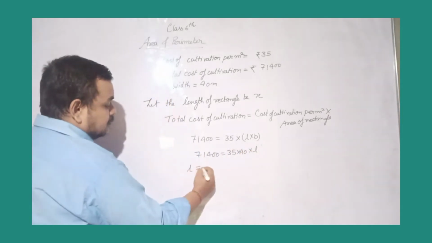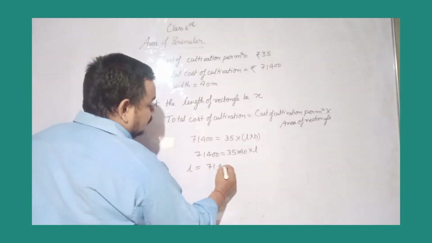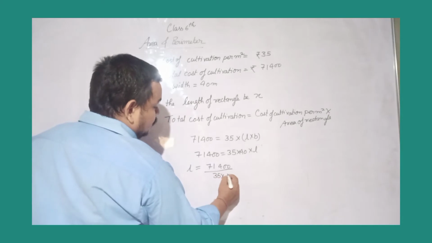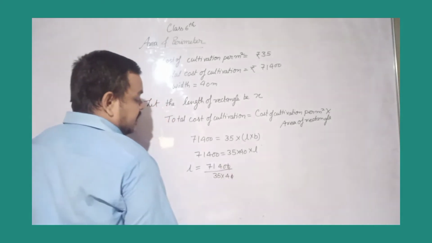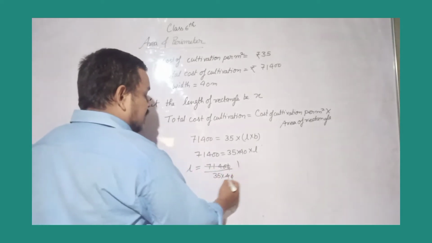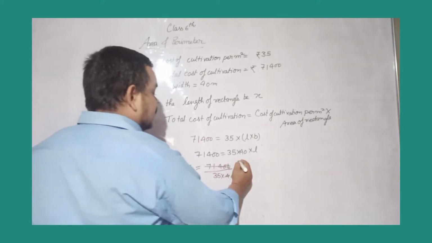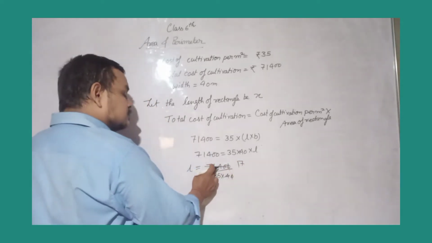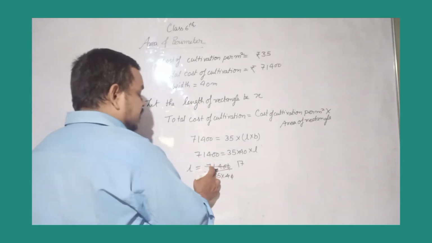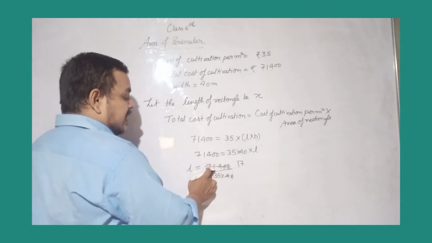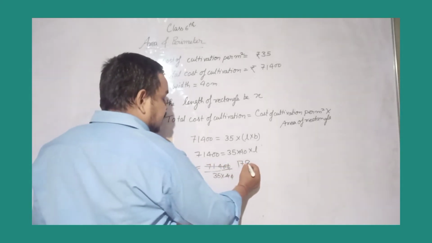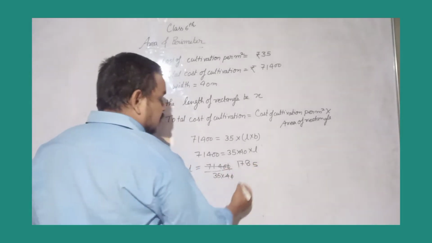So L is equal to 71,400 divided by 35 into 40. Cancel 0 by 0. So 4 1s are 4, 3 remains, 4 7s are 28, 3 7, 37 minus 28, it became 9.